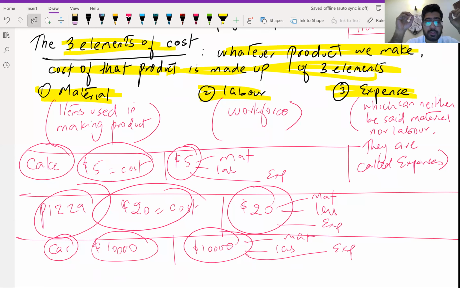Let's suppose on making the burger, he spent $10, that's cost. That $10 will always be spent on three things. Are there some items used in making the burger? Yes, beef, chicken, bread, that's material. Are there some workers involved? Yes, labor. Rent, electricity, gas, neither material nor labor, expense. So whenever you make a product, it's always made up of three things: material, labor, and expense.